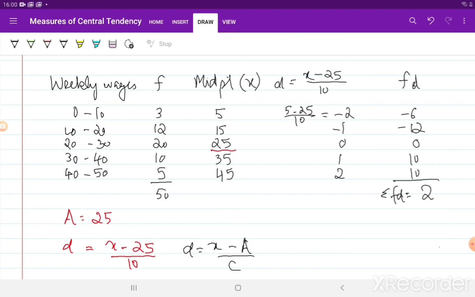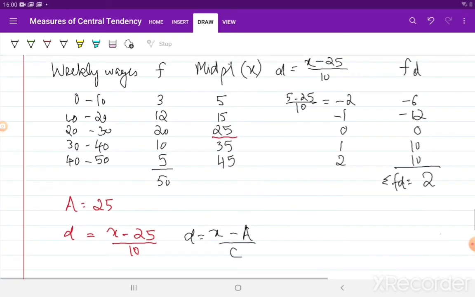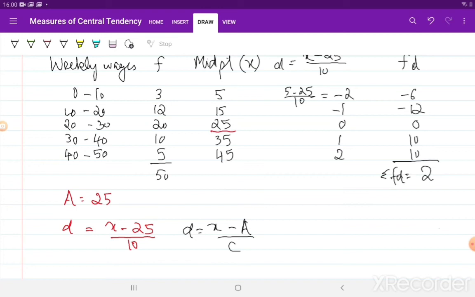So in your shortcut method, the formula when you have frequency data would be x bar is equal to A plus summation fd divided by summation f, or capital N to denote the total number of observations, into the class size C.